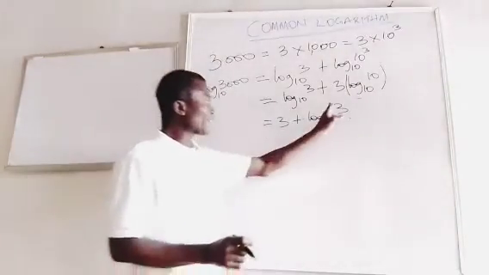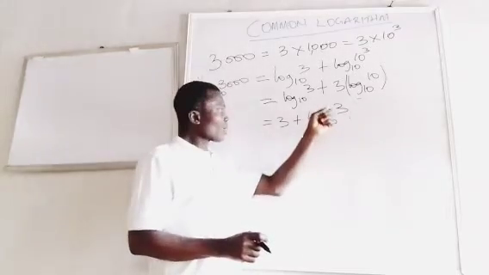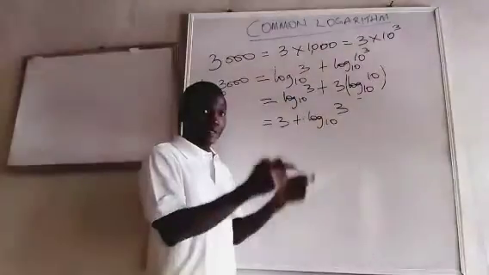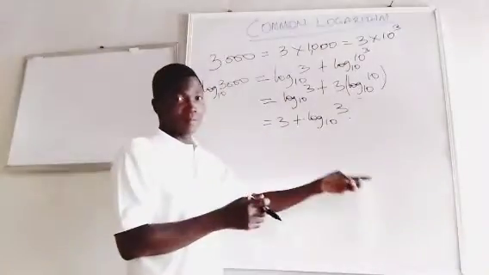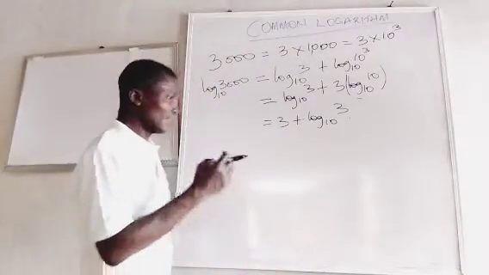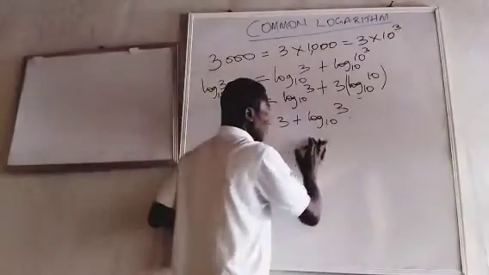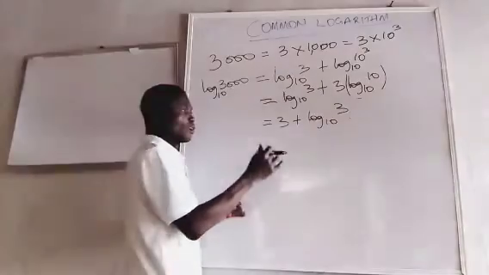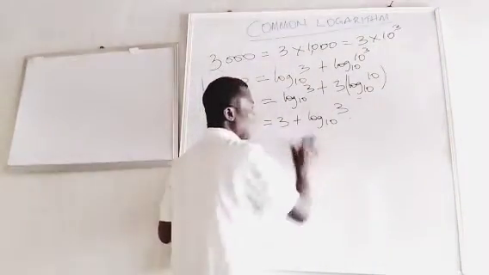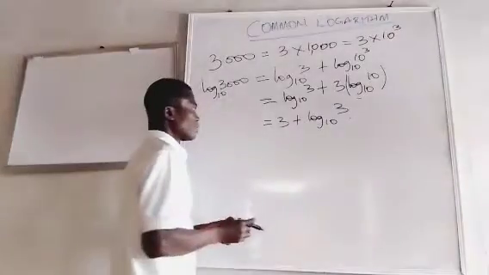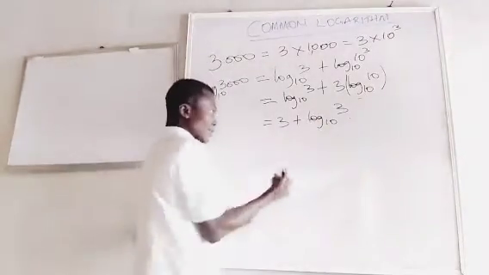And because this one here is less than 10, this one here will always be in fraction, as in decimal. It will always be less than 1. This part that we will check from the four-figure table will always be 0 point something.